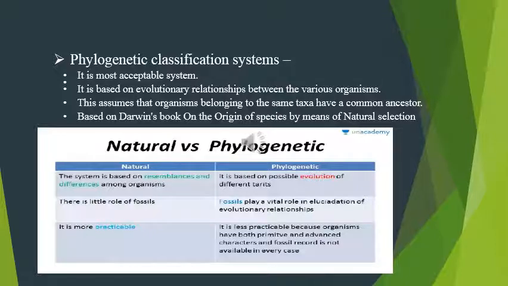play a vital role. Why? Because it shows the evolutionary relationship to the ancestors. Natural is more practical as compared to the phylogenetic. Phylogenetic is less practical because organisms have both primitive and advanced characters, and sometimes the fossil records are also not found.